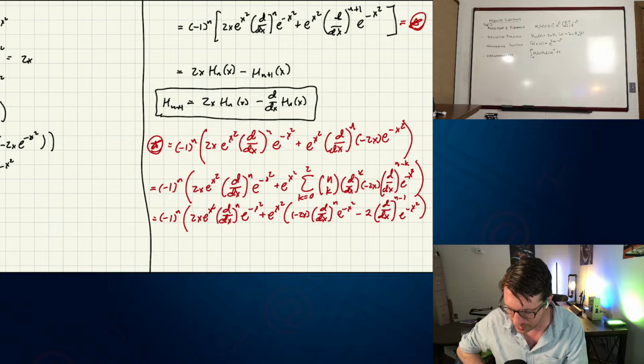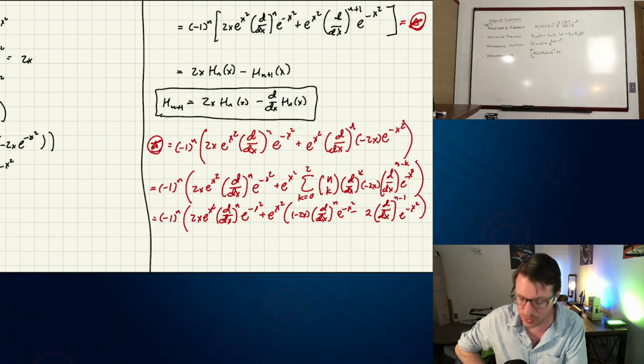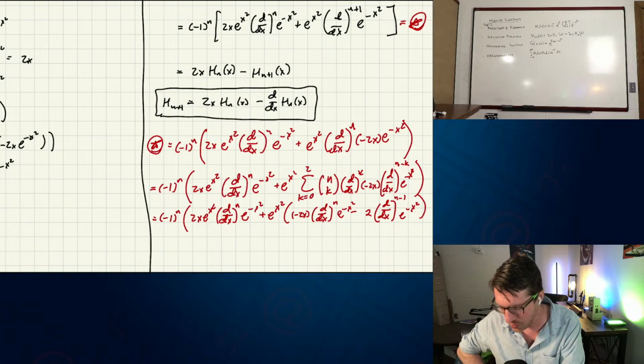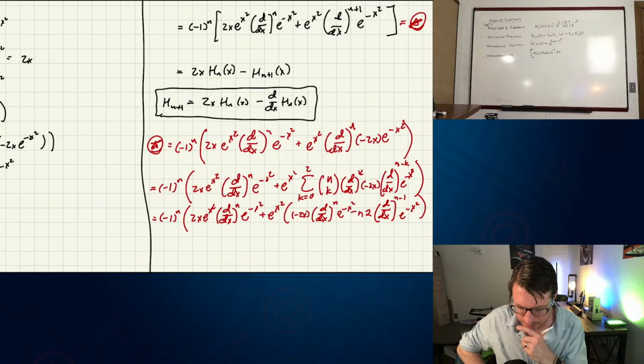And I'm missing my choose statements. So n choose 0 is just 1. There's only one way to choose 0 elements. And then n choose 1 should pop out an n there.